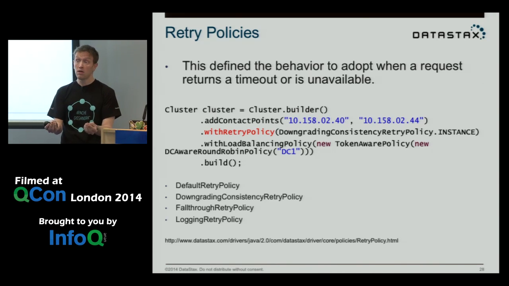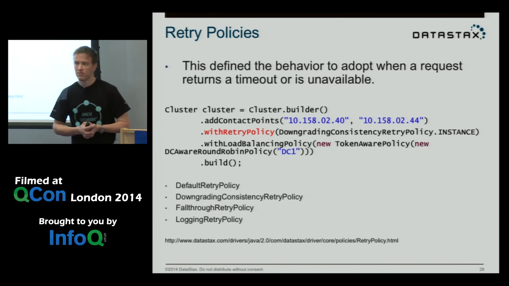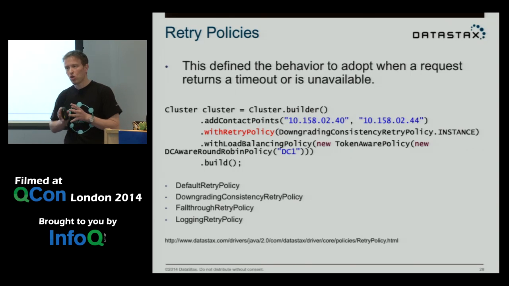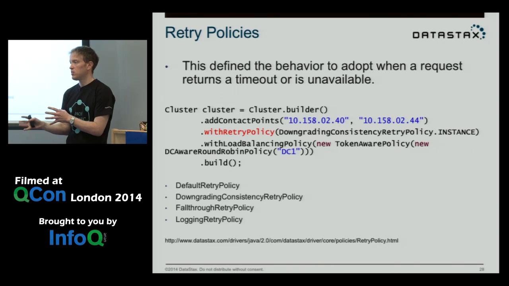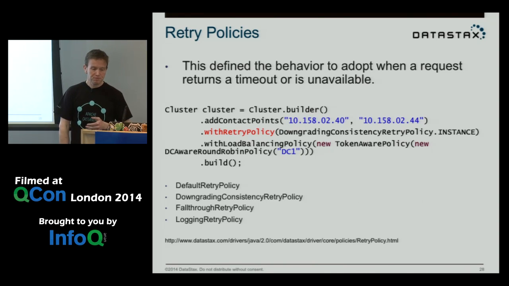Something has gone wrong, and you're now retrying. So know what's the right thing to do when that happens, and particularly with the downgrading consistency policy. That's a choice you've made for a functional reason, for a requirement to choose that level of consistency. So downgrading might not necessarily be the right thing to do.